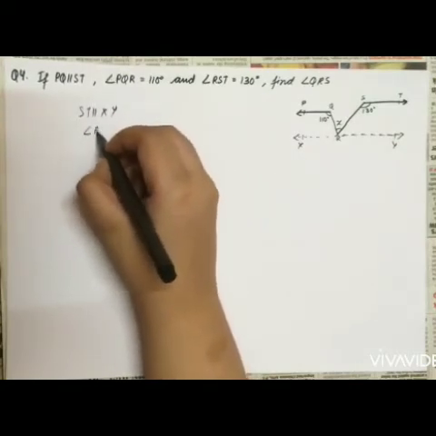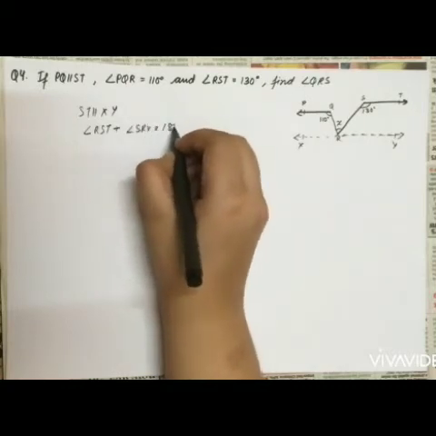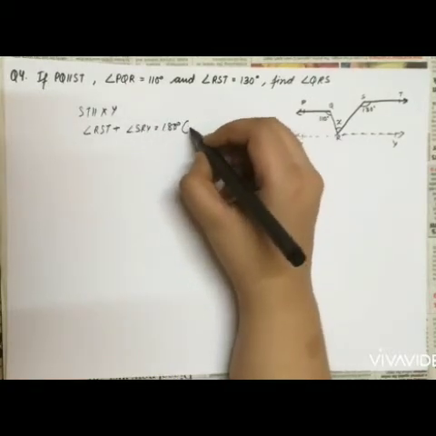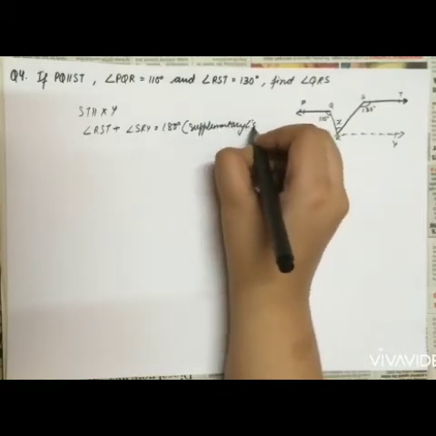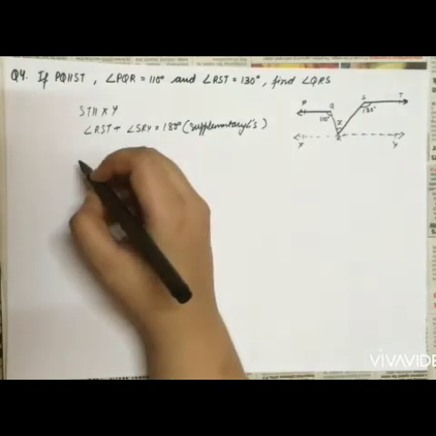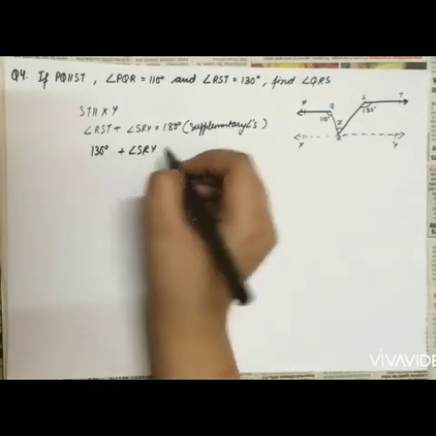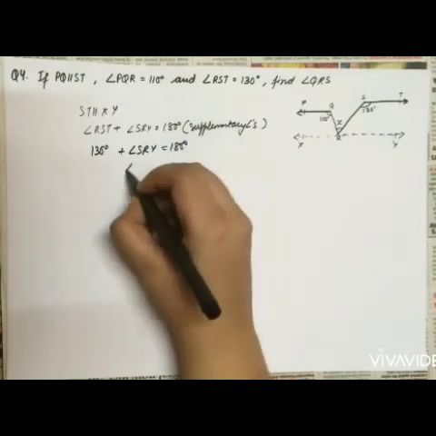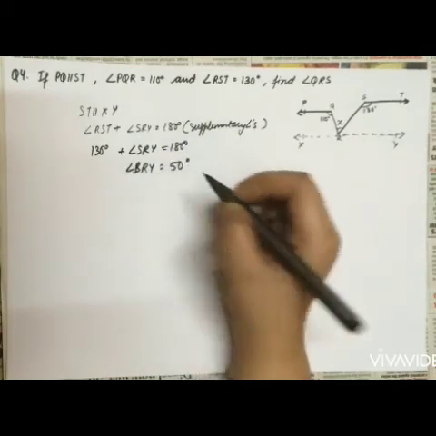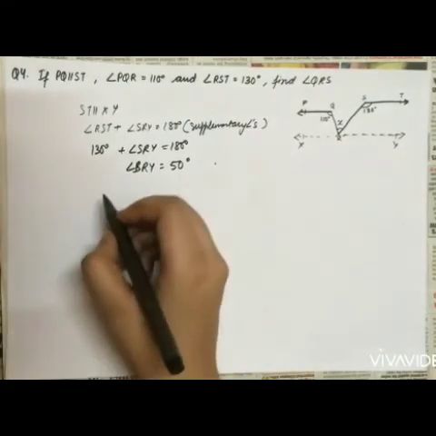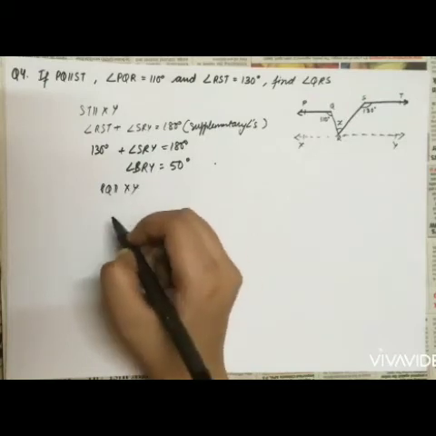Now in this question, ST is parallel to XY. Therefore, angle RST plus angle SRY is equal to 180 degree, as they are supplementary angles on the same side of transversal, and RST is 130 degree. So SRY is 50 degree. And now similarly PQ is parallel to XY.